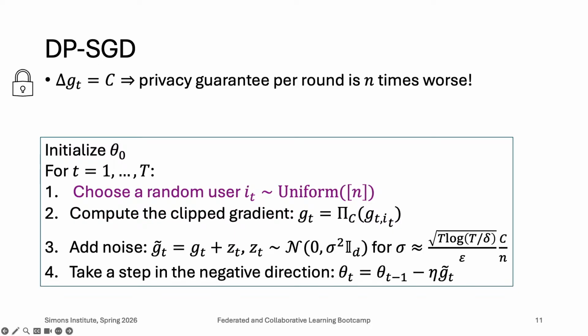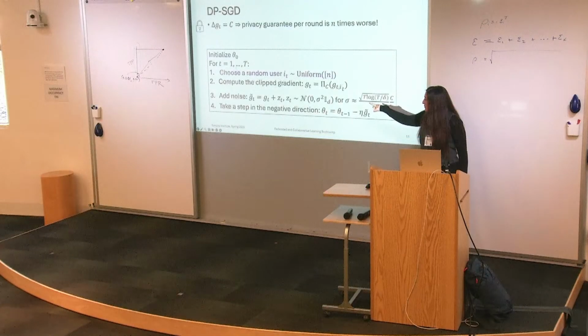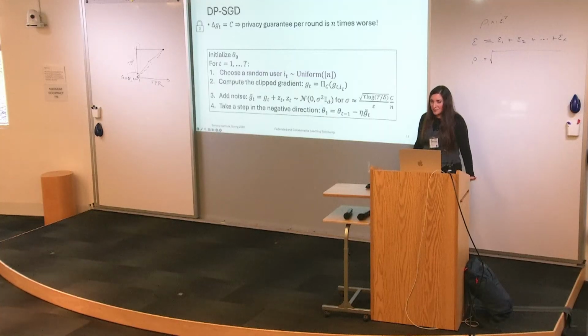Yeah, I didn't change the noise from the previous round, and what I'm arguing here is that if you leave it like this, then the privacy of this step is n times worse. You can think that the epsilon of this step is n times epsilon. The point is that this amount of noise is fine because of amplification, but as is, it's not, because the sensitivity of this step is C, but I'm adding noise that scales with C over n. So it would not be private without the amplification step.